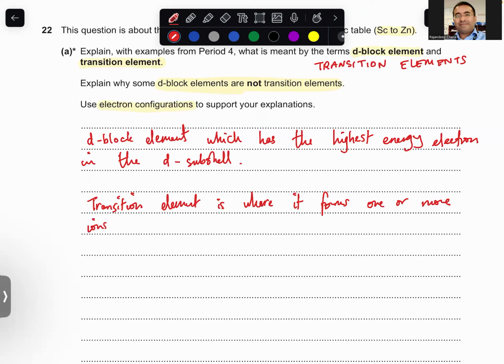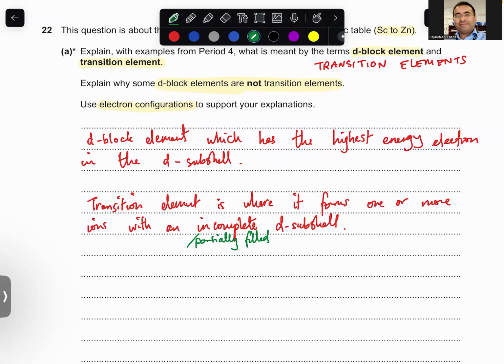This is the key bit coming up now, with an incomplete D subshell. Incomplete or partially filled, you can use either of those two terms. Now let's have a look at some examples.